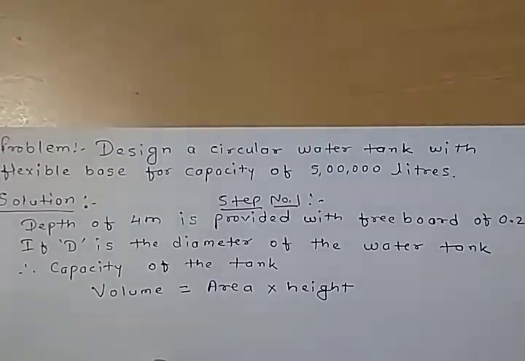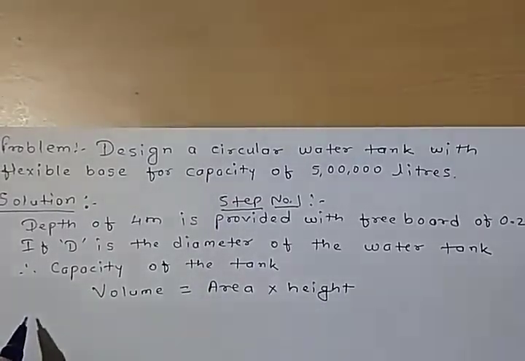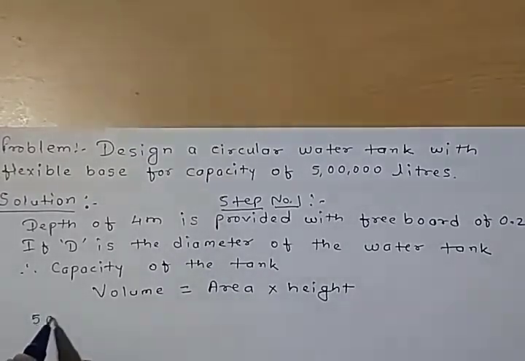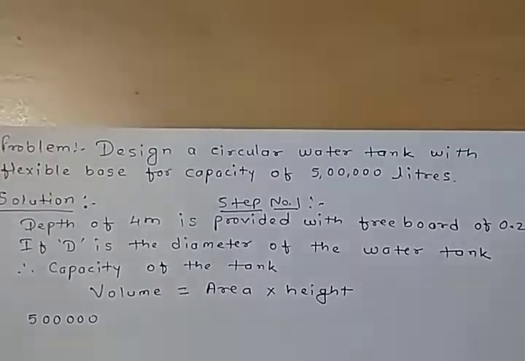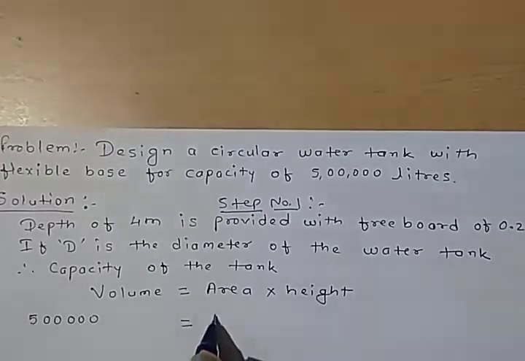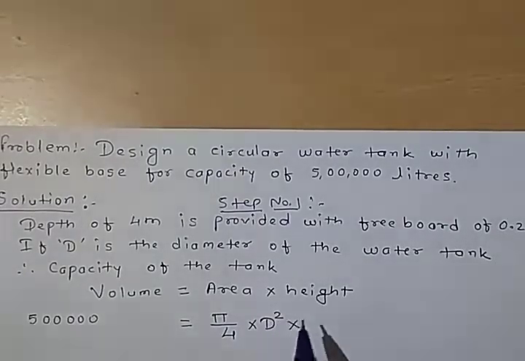So we can write down 5 lakh liter, and area, since it is circular, is pi by 4 into D square, multiplied by, let us consider here, h1 as the height.